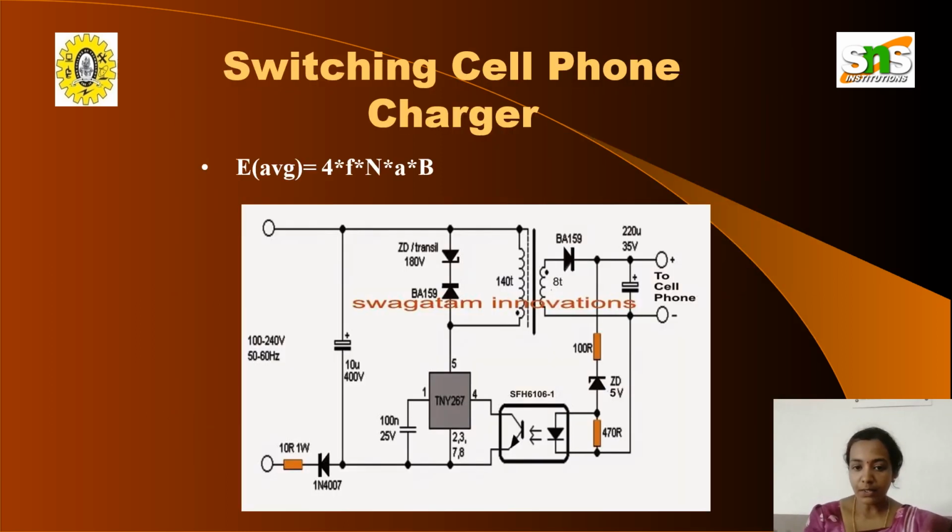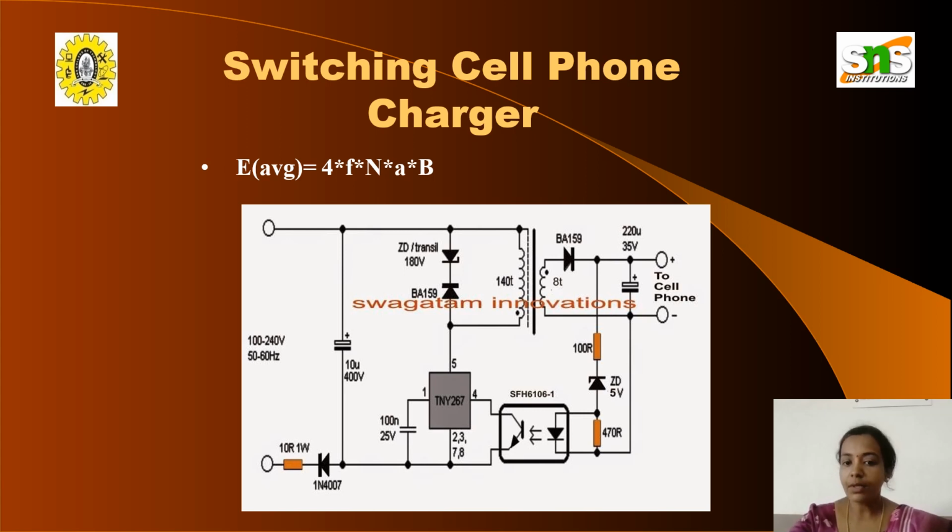The next one is the switching cell phone charger. The formula to get the energy is 4 into F into N A B. Here the voltage can be in the range of 100 to 240 volt. We have a capacitor, a TNY267 charger, normal diodes and Zener diodes.